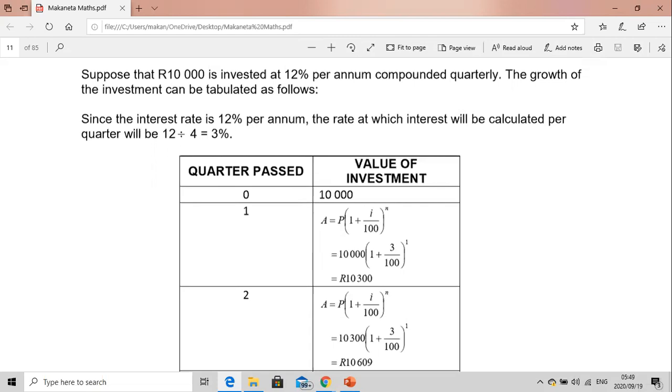So basically there will be 4 of those. There will be 4 quarters in a year. And this simply means the 12% interest will be charged 4 times a year. When we say the 12% per annum will be compounded quarterly, it means it will be charged 4 times in a year.